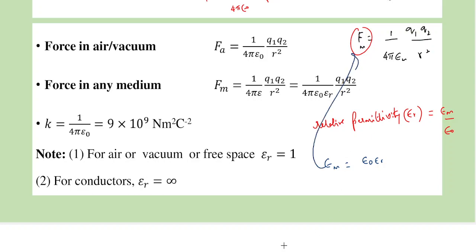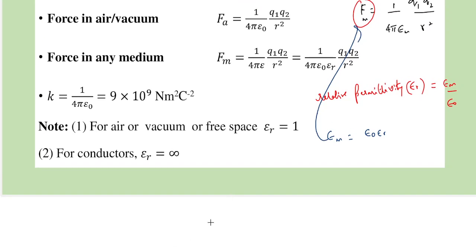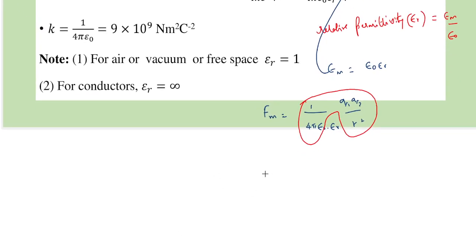Putting it back in this equation, we get the force in the medium equal to 1 by 4 pi, epsilon naught into epsilon r, and the rest of this term is as it is. But recall, this whole thing is equal to the force in air. Therefore, the force in any medium is equal to the force in air, or just F, by epsilon r.